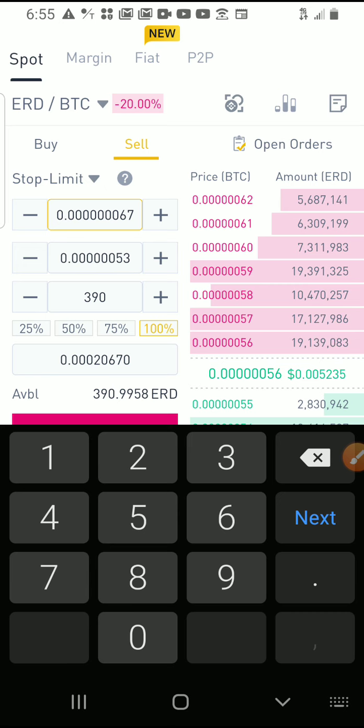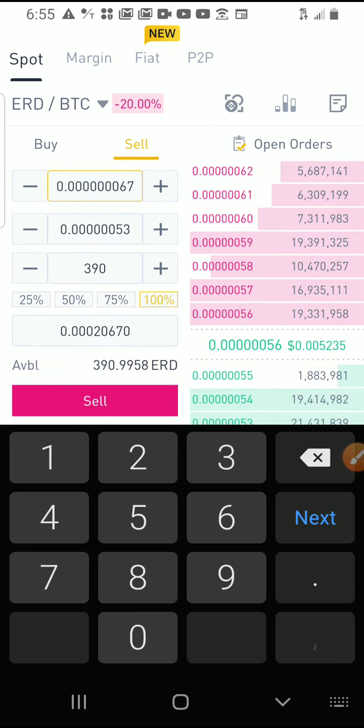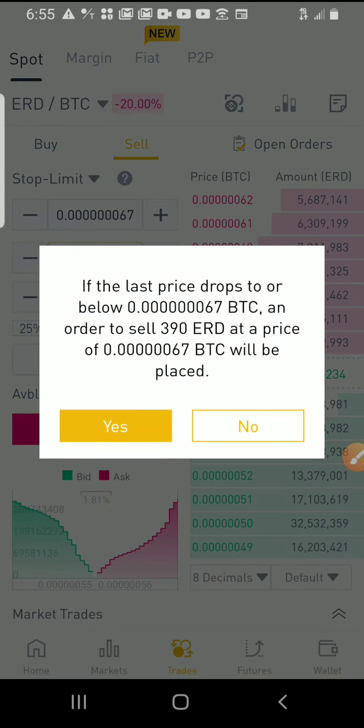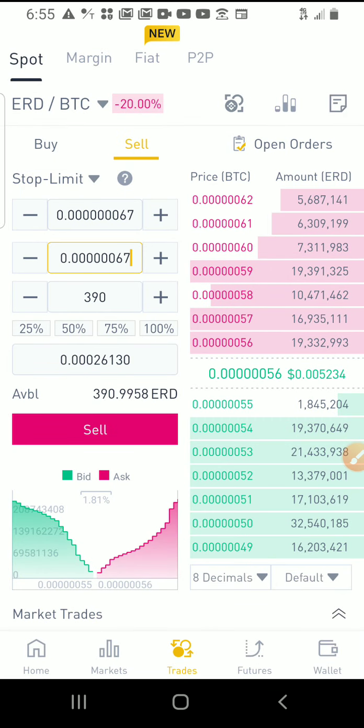We are adjusting it, going up as the coin is going up, in case the price of the coin wants to come down. Once it starts coming down and hits 67, it should sell for us. That's just what we mean by stop loss.